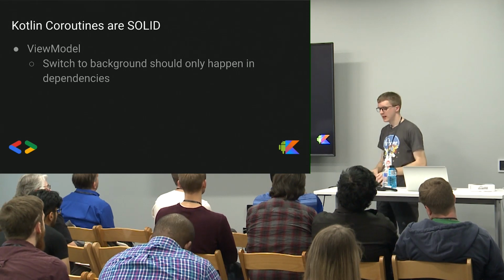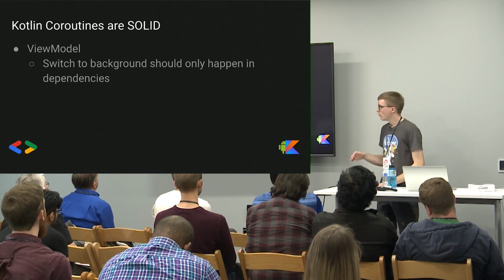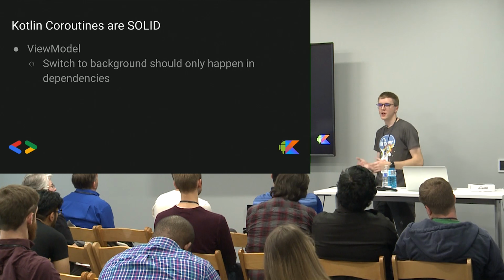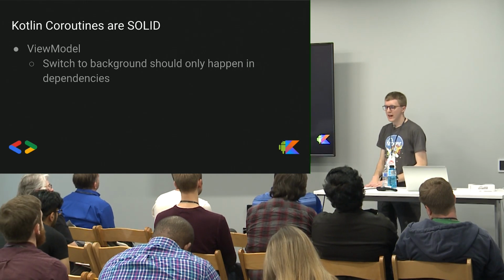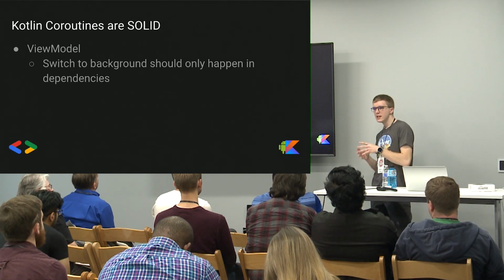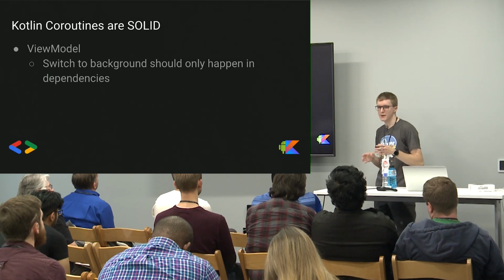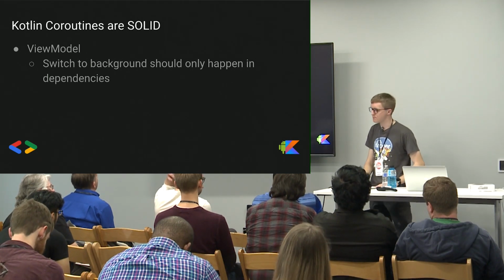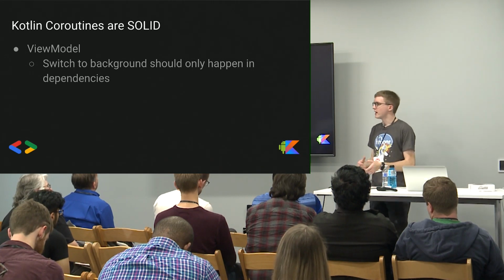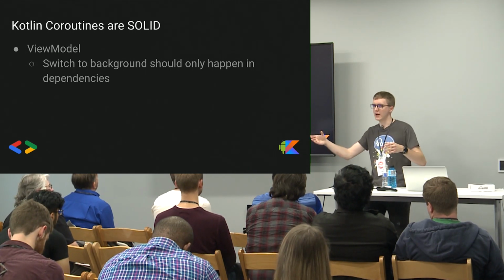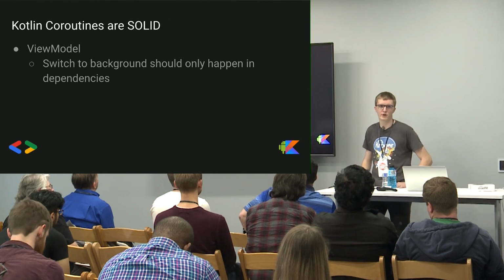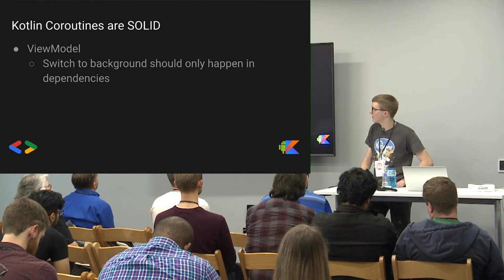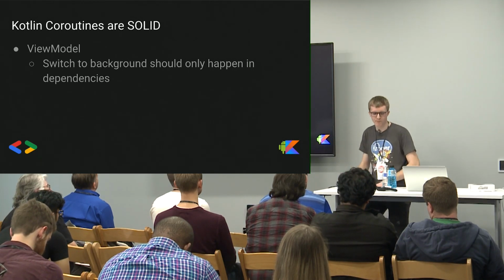This was tricky because we were doing those withContext calls in the ViewModel, and while we can easily, from a testing perspective, manage the main thread and switch it out for the test thread, it was a lot trickier because once they switched to the background, we didn't have control over the background thread pool.